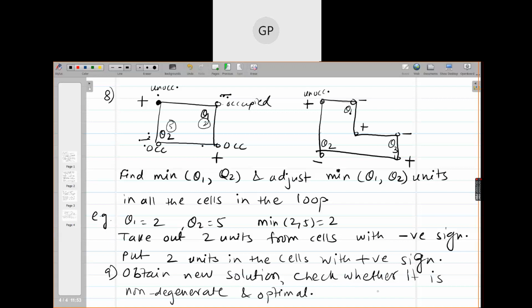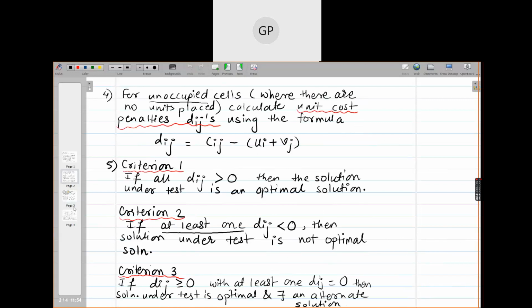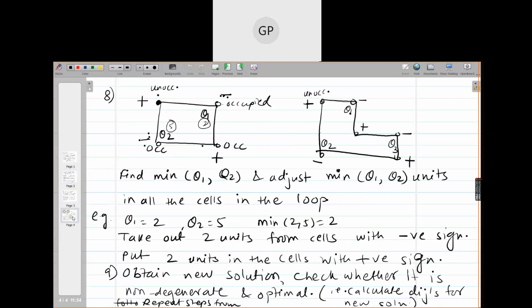Means again you have to calculate the Dij's for the new solution. And again you have to check the signs of Dij's, if all are positive. So repeat steps, from which step did we calculate Dij's? 5 to 9.